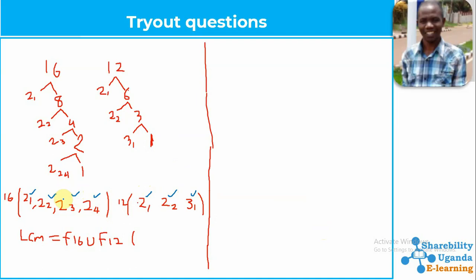We arrange them, but if we have our 2^1 appearing here, that simply means we shall write it once, as we have been using the same concept of sets when looking at the union of sets.